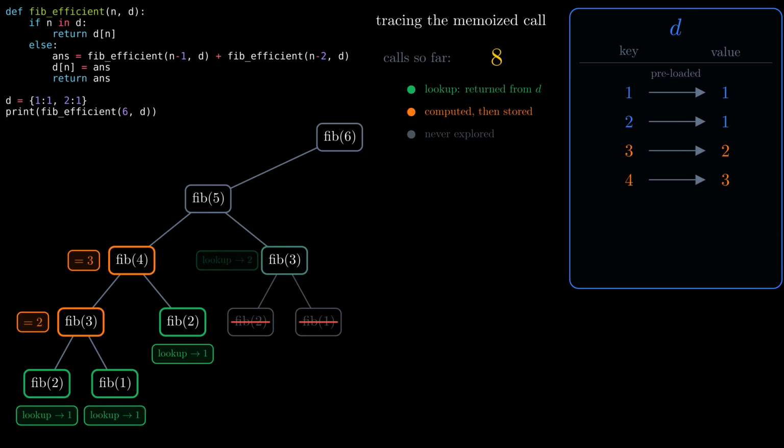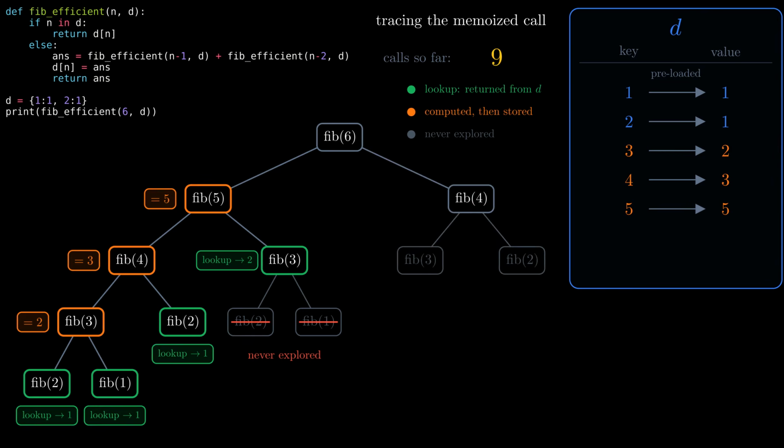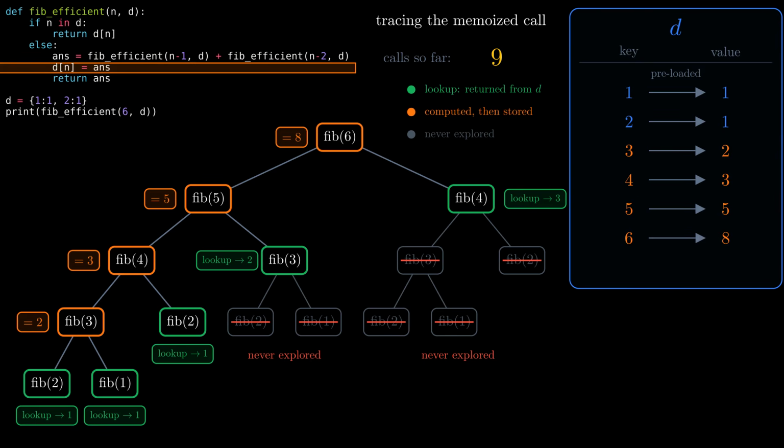Not now. 3 is already a key, so we return its value, 2, immediately and never walk that path. 5 finishes, and we store key 5, value 5. Finally, back at the top, 6 asks for Fibonacci of 4. The very point where last time we were nowhere near done. 4 is in the dictionary. We look up its value, 3, add it to 5, get 8, and store key 6, value 8. That is the answer, and since this is the top call, there is nowhere further to pass it.